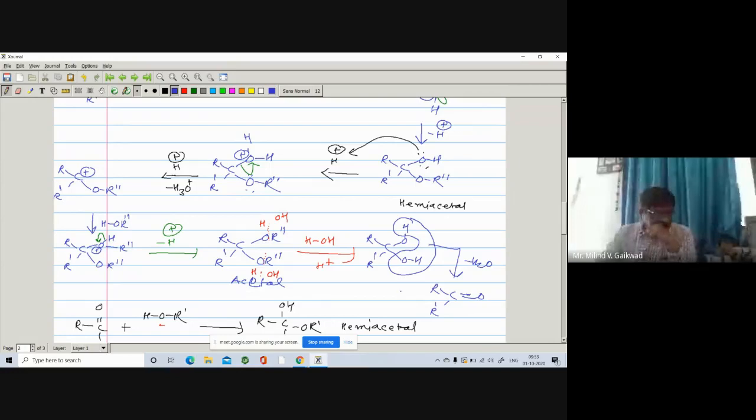So here we have taken the addition of alcohol on this compound. These are some of the reactions we have seen: the addition of HCN, addition of alcohol, addition of thiol.